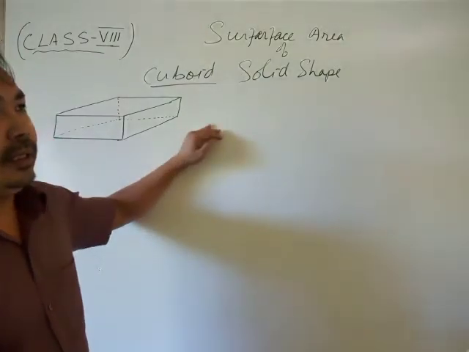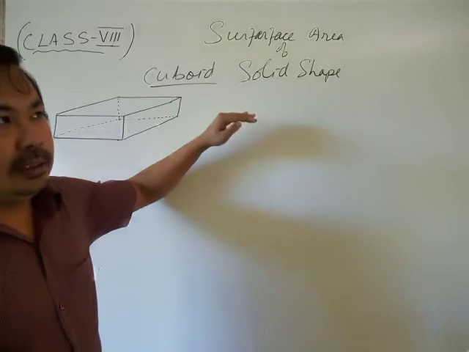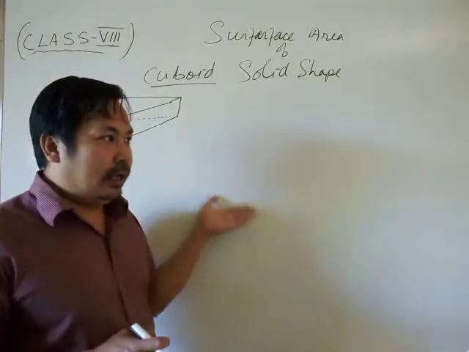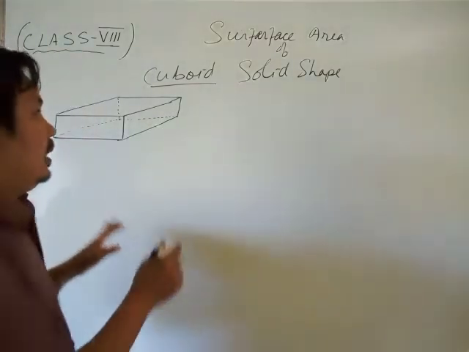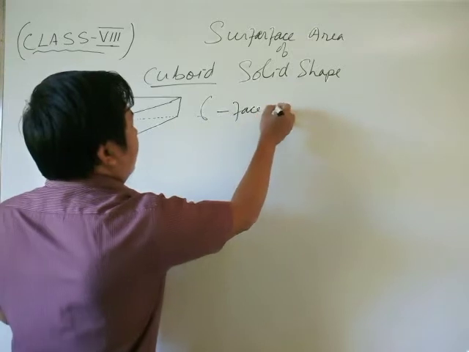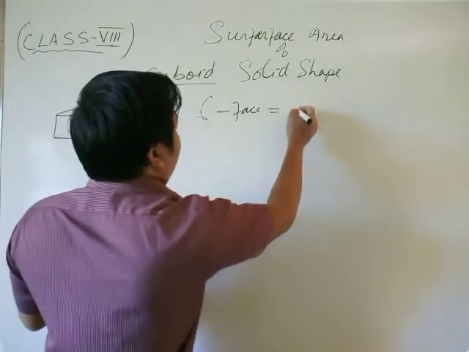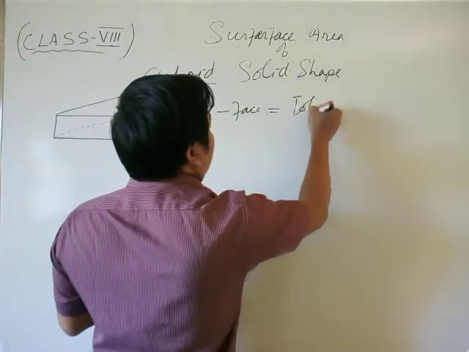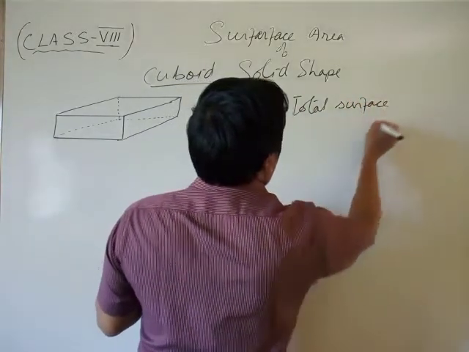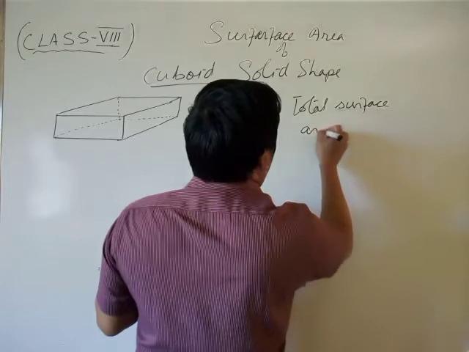There are together 6 surfaces, or 6 faces, and if you want to find out the area of these 6 faces, this is known as total surface area. Surface area. Okay.